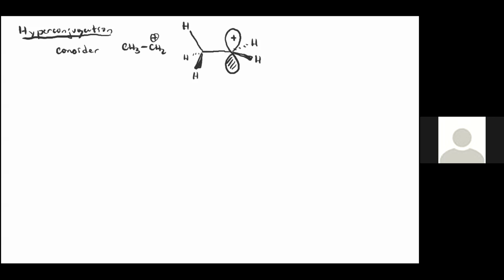And so hyperconjugation is the donation of electron density from an adjacent CH bond into an empty 2p orbital. So if we consider just the sigma bond, okay, that sigma bond, which bears 2 electrons, can share its electron density with the empty 2p orbital, okay?